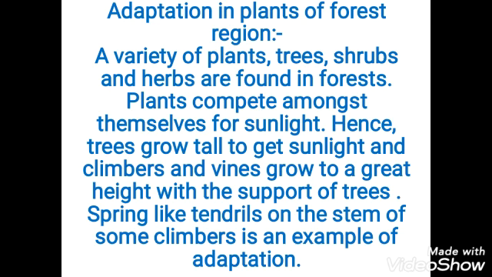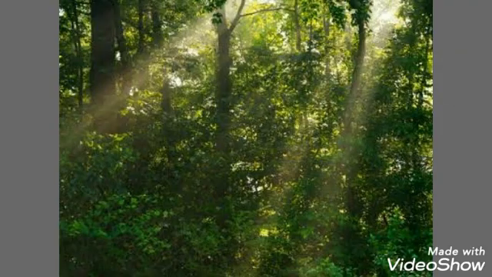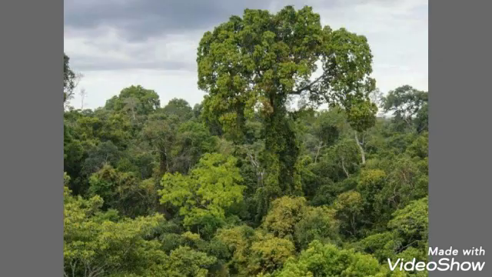Adaptation in forest region. A variety of plants, trees, shrubs and herbs are found in this region. Plants compete among themselves for sunlight, hence trees grow tall to get sunlight, and climbers and vines grow to great height with the support of trees. Spring-like tendrils on the stem of some climbers are an example of adaptation.